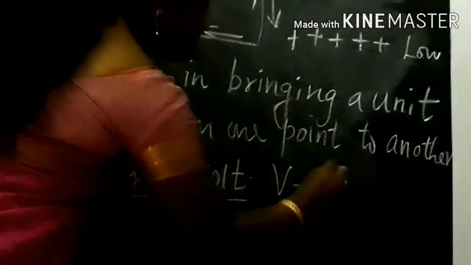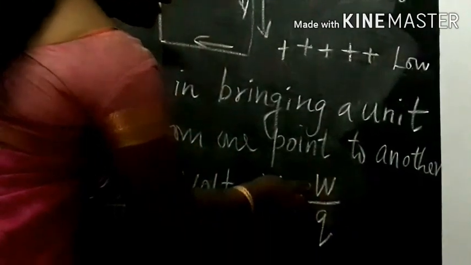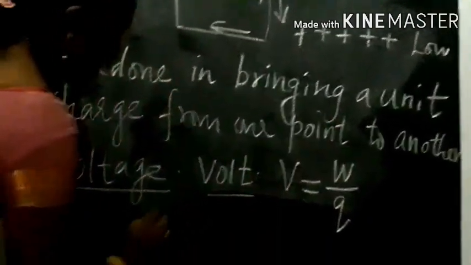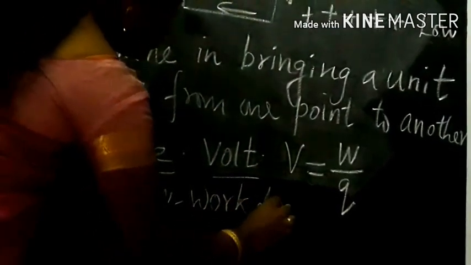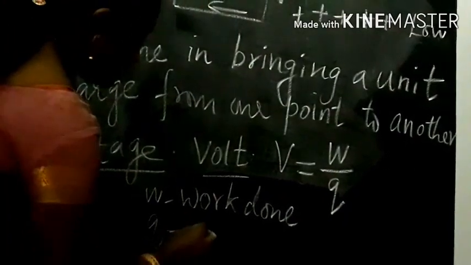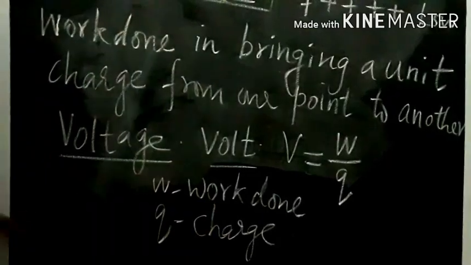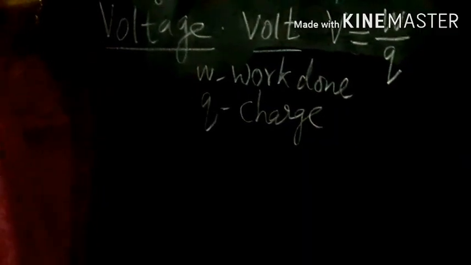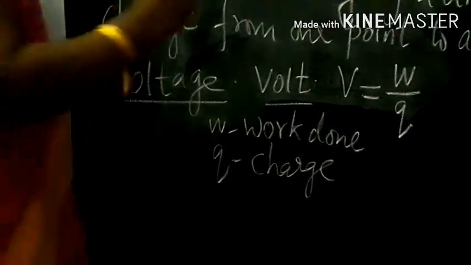V is equal to W by Q. What is W? W is the work done, and Q is the charge. Name the instrument to measure the voltage. It is the voltmeter.